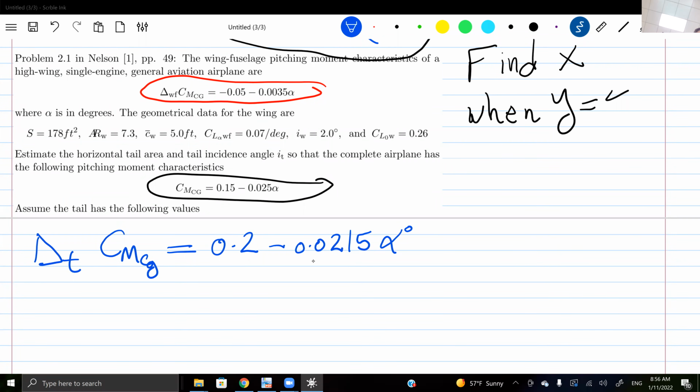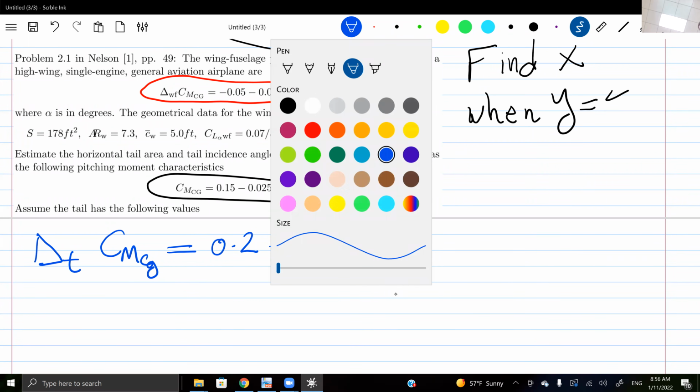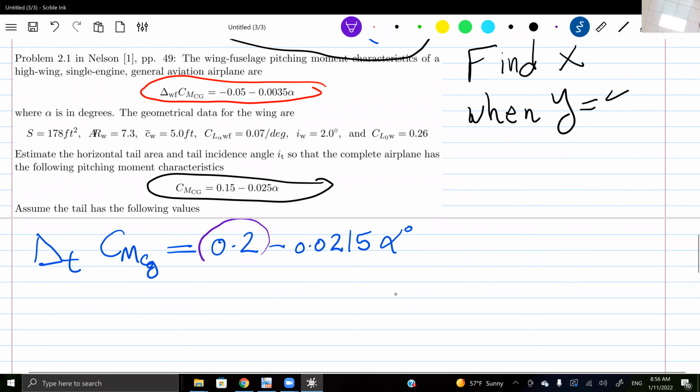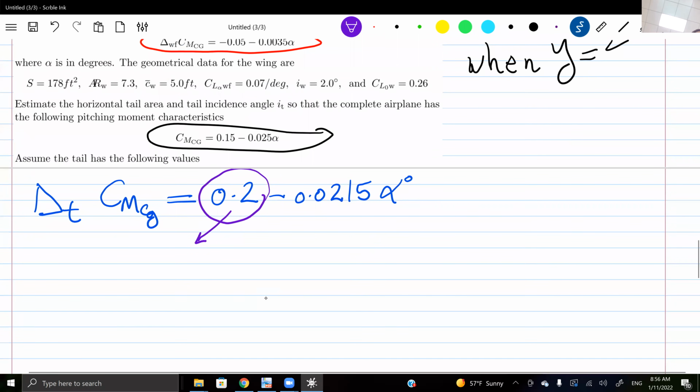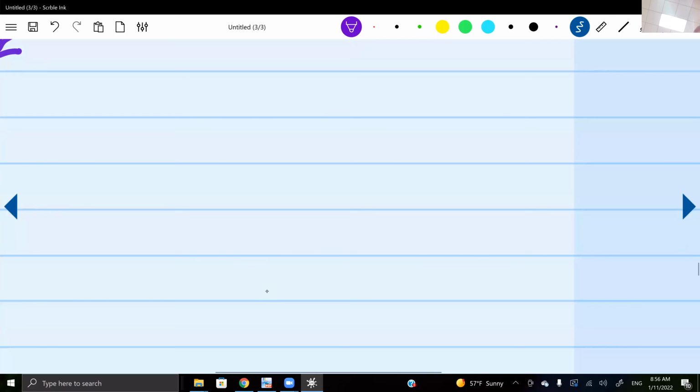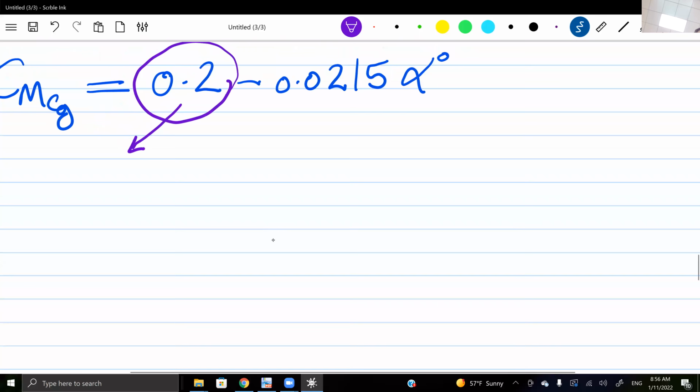All right, so what do we call this? Can you denote it? Is it something that we're familiar with? CM not tail? You're close, but it's not exactly CM not tail.